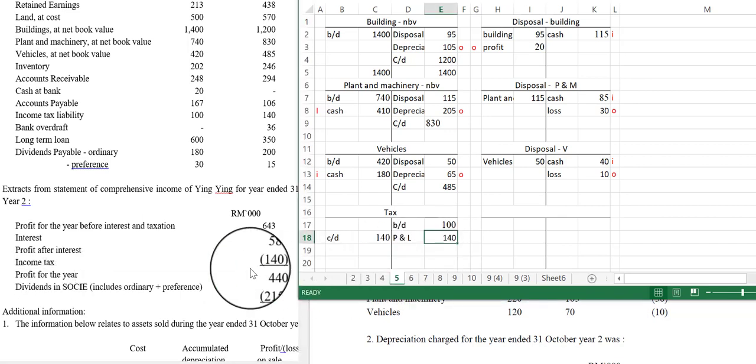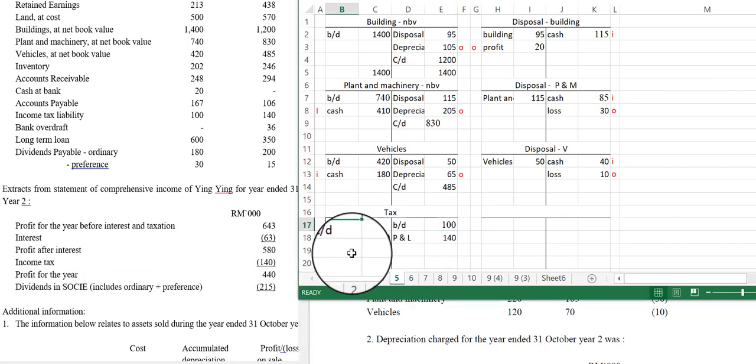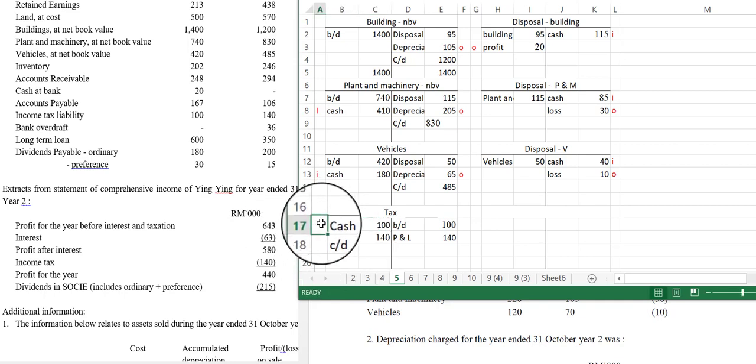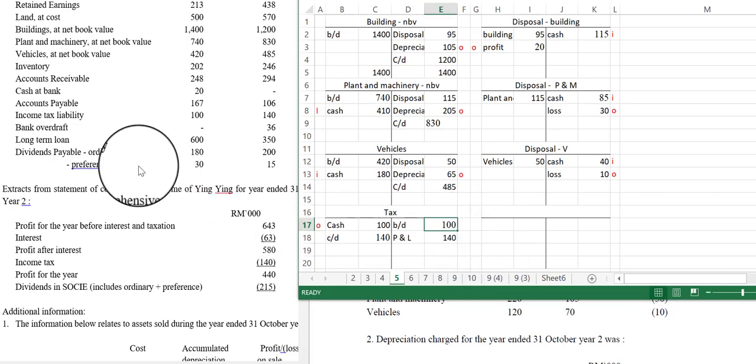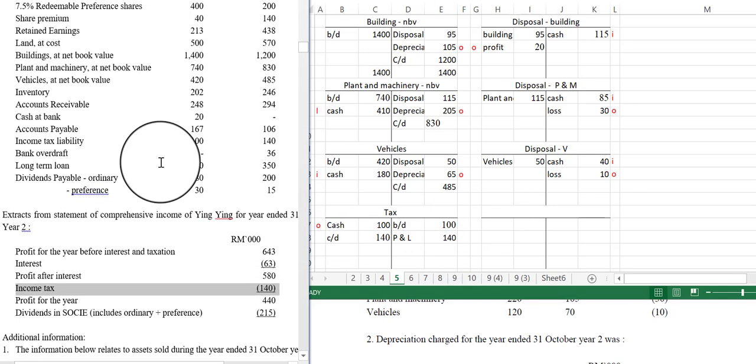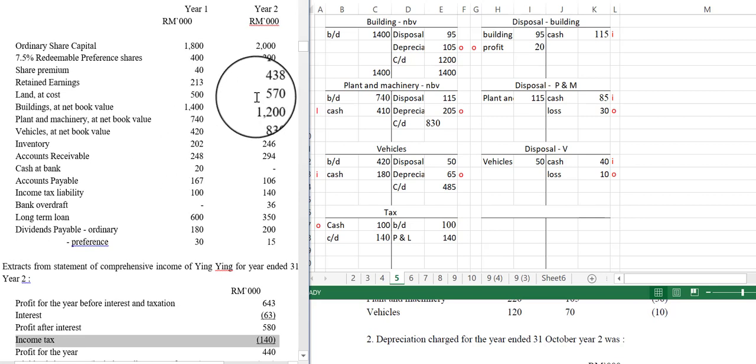Okay, this one, profit and loss. And the balance will be your cash, 100, you are paying for last year tax. Okay, operating. Now beside that, you have an increase in land, 500 to 570. Okay, at cost.